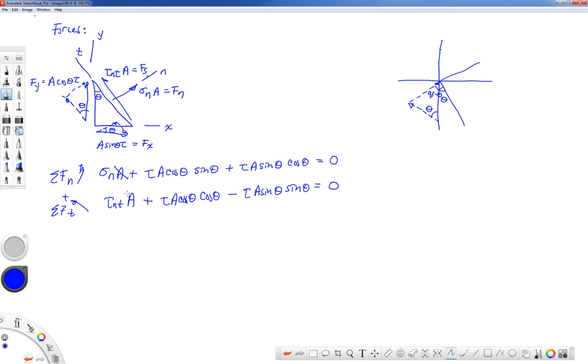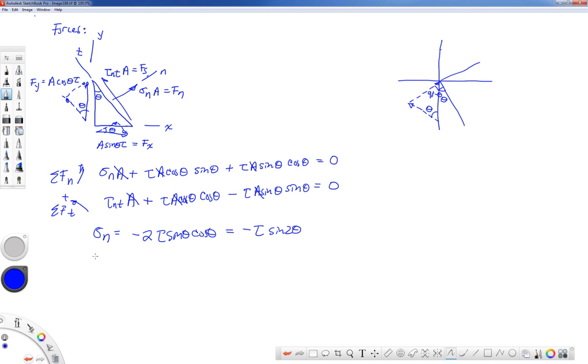So what we're going to do is just simplify these a little bit. We'll notice that the A cancels out in both of these expressions when we set it equal to 0. So sigma N is going to be equal to minus 2 tau sine theta cosine theta. And if we do a trig substitution, we can write this as minus tau sine 2 theta.